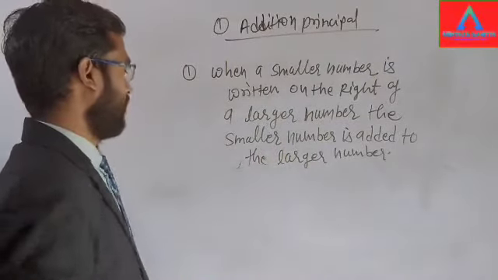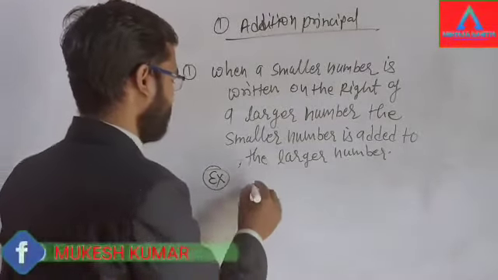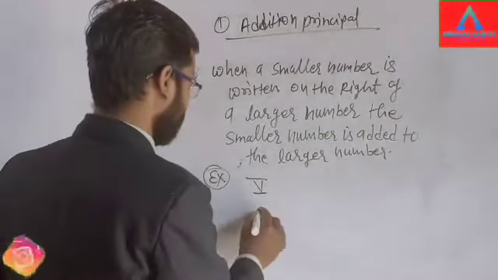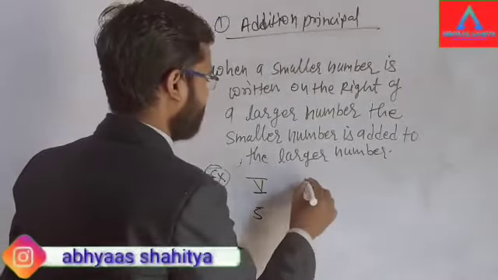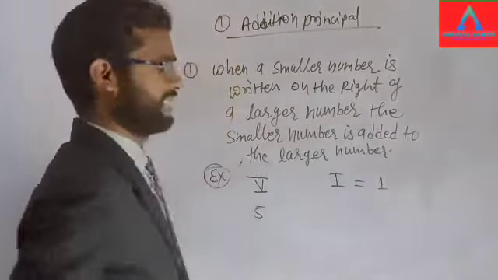Example, students, we are already familiar with V. What is the meaning of V? 5. And the meaning of I in the Roman system of numeration is 1.